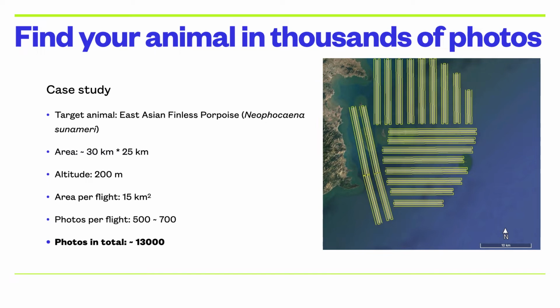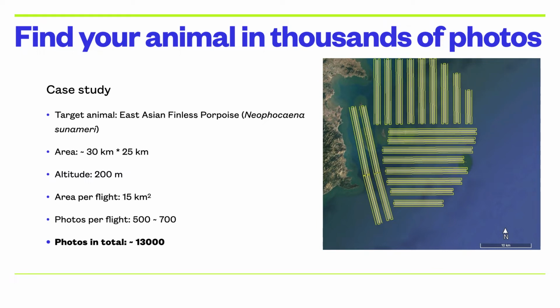And the flight altitude is 200 meters. And for every flight, we cover 15 square kilometers. And for every flight, we have between 500 and 700 photos. And in total, for this small project, we get over 13,000 photos.